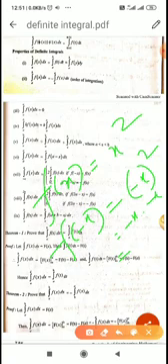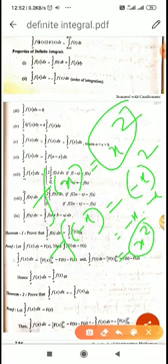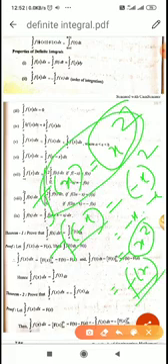Minus x into minus x is equal to x square. So we have got the original function. Since f of minus x is equal to f of x, this is an example of an even function.